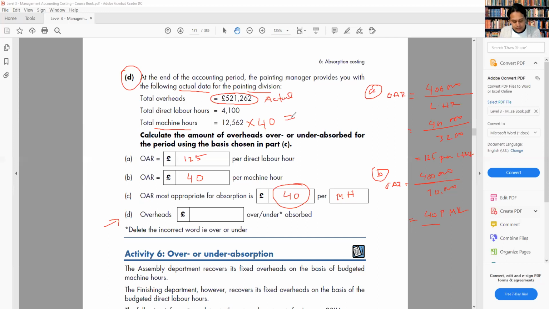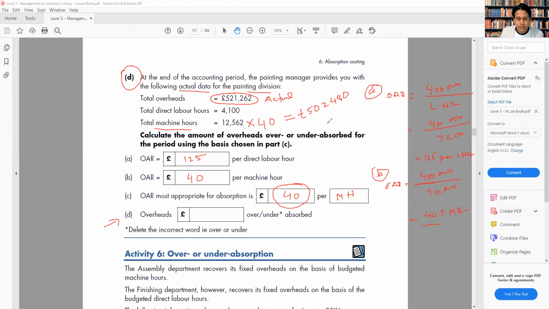So can we calculate that? We have 40 times 12,562. That gives me 502,480.